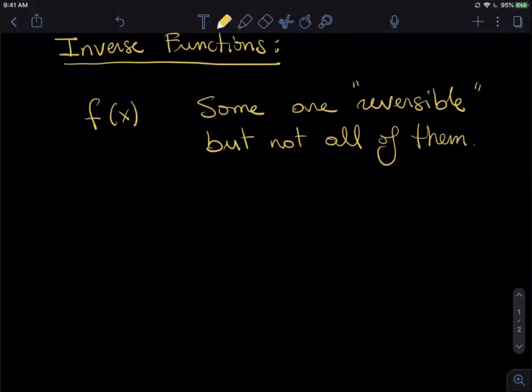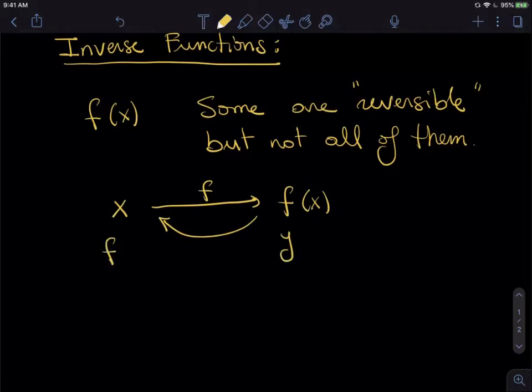So basically, you have your input x, you have your function f that takes it to an output f of x, and what we want to do is the inverse process. We want to go back. If you give me a y here, I need to find f minus 1 of y.